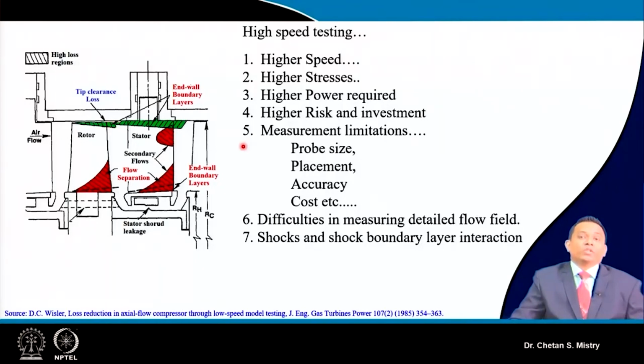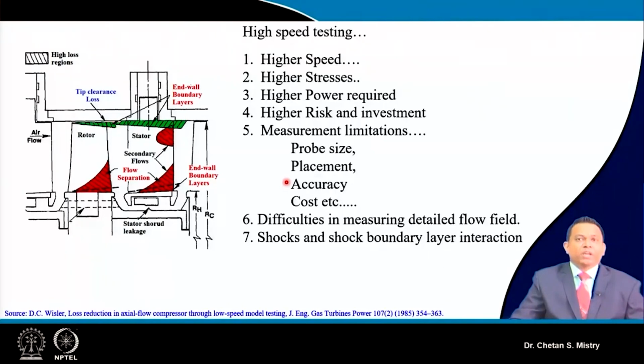The presence of these probes acts like an obstruction to my flow and changes the flow physics within my flow passage. And if it is high speed, my flow physics will change drastically because of the presence of shocks. Then where do we place the probes, given the space available? That may be one of the constraints.